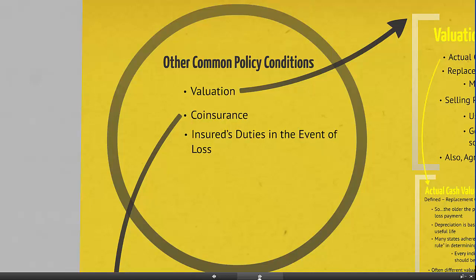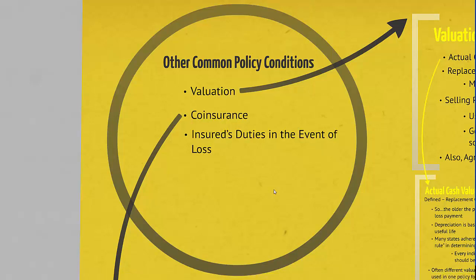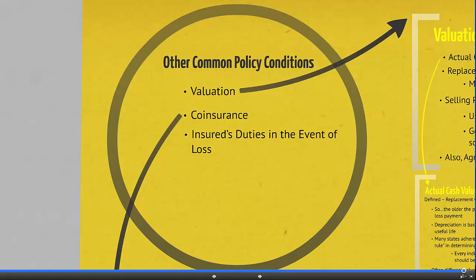You can find these on page 1.24 of the textbook. But some examples of these are giving prompt notice of loss and filling out a police report if a law has been broken, protection of the property from further loss, like putting a tarp over a damaged roof, and writing up a complete inventory of everything that was damaged as well as undamaged property.